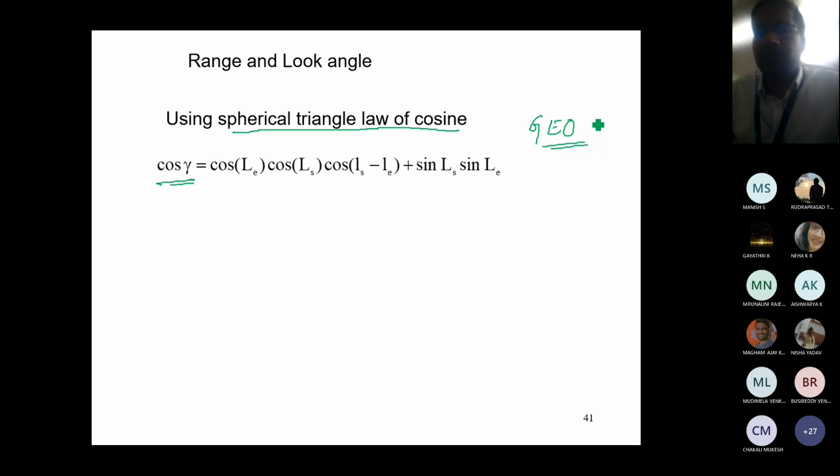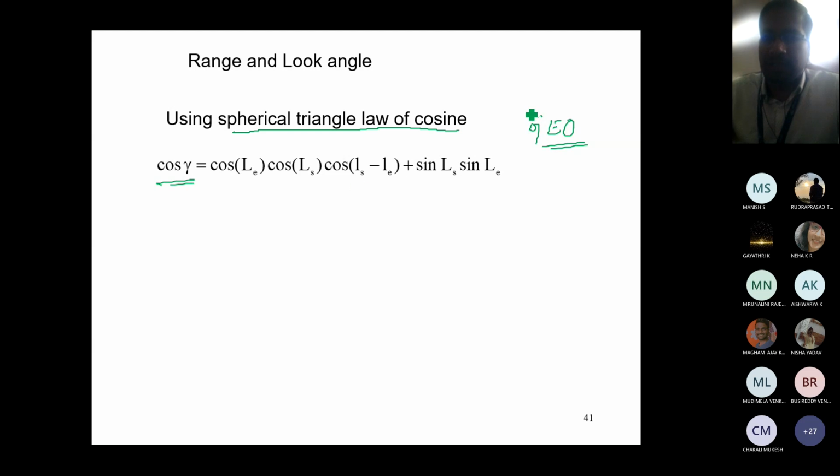That means the satellite is located at 0° latitude. So when I said the satellite is located at 0° latitude, then what I am indirectly telling is the sub-satellite point is located at 0° latitude.